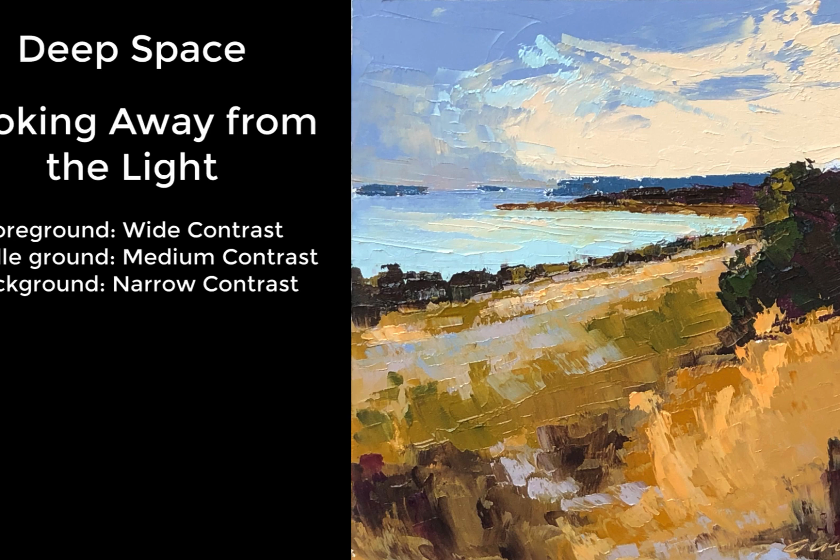You notice they're warm and cool colors in the foreground. In the middle ground here, you have a reduced number of those contrasts. And in the background, way back here on the horizon line, we have an area that has extremely low contrast in value, hue, intensity, and temperature.